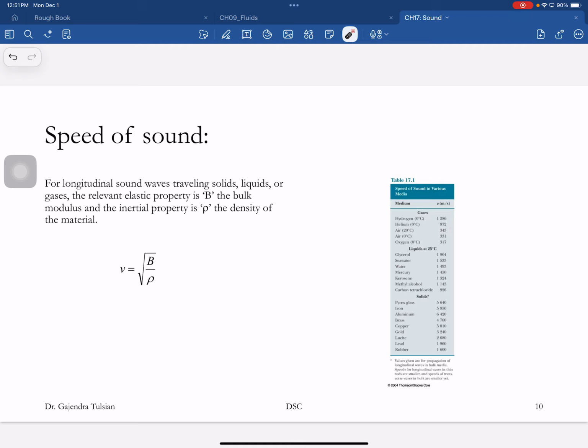In water, the speed of sound is 1,500 meters per second, about 5 times faster than in air. In iron, it's about 6,000 meters per second, which is about 20 times faster than in air.